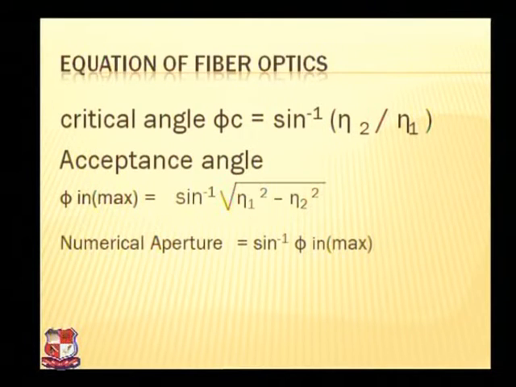Phi c is equal to sine inverse eta 2 upon eta 1 represents the critical angle. Phi in maximum is equal to sine inverse under root eta 1 square minus eta 2 square represents the acceptance angle, and numerical aperture NA is equal to sine phi in maximum.